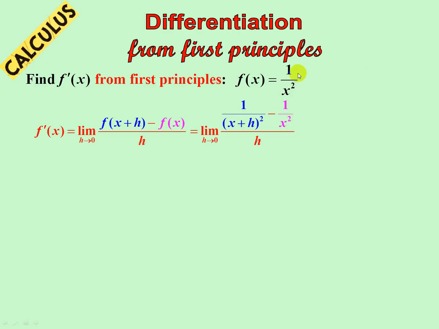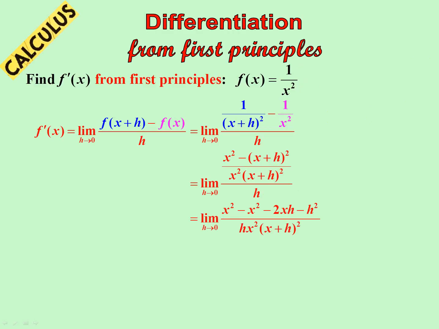So f of x plus h, 1 over x plus h all squared, minus f of x. Common denominator on the top line. Because there's no fraction on the bottom, this denominator here can just slot in with that one. Notice the sign change. X plus h all squared is x squared plus 2xh, but it's got a minus outside, minus. Plus h squared, sign change.